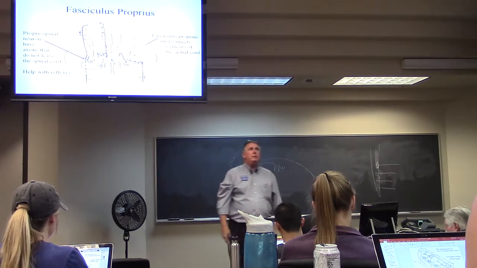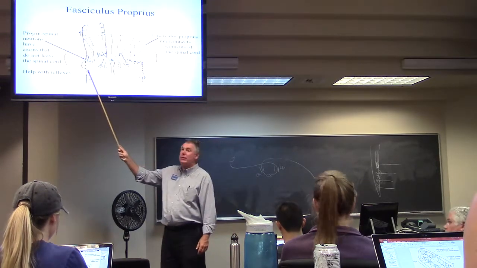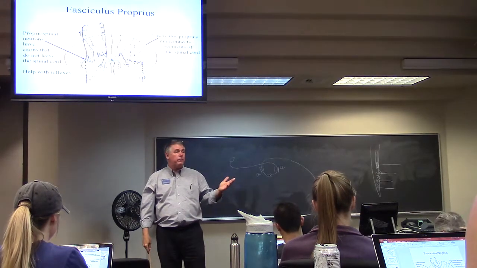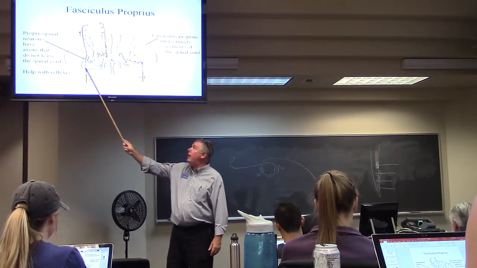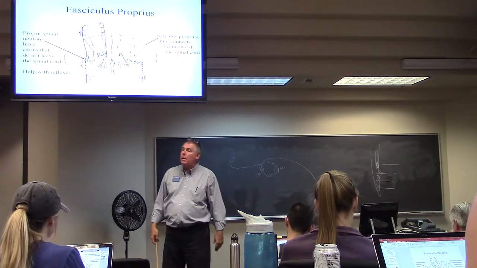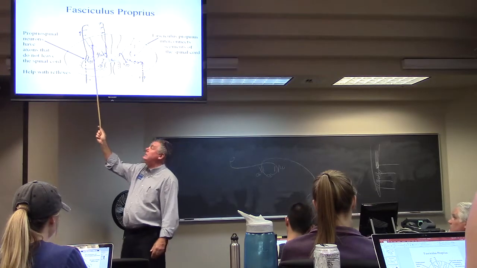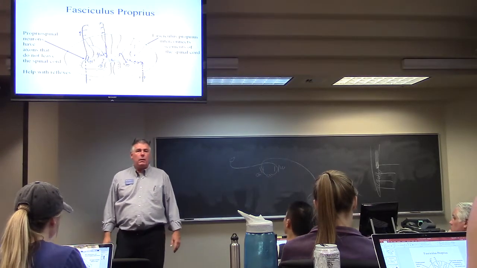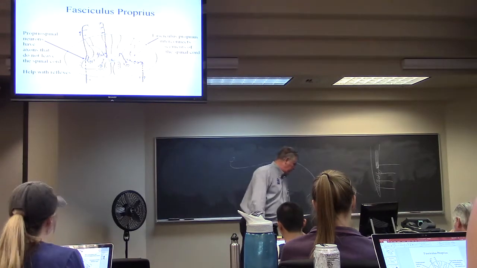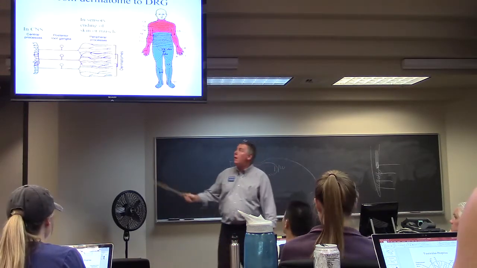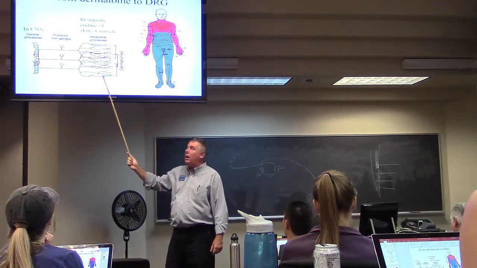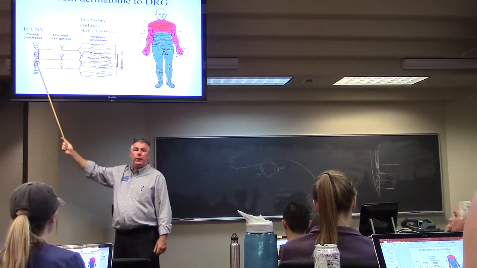The other thing is this fasciculus proprius. Remember I said the fasciculus proprius was around the gray matter? It does the same thing. You get inputs into there, it connects to different spinal cord levels. Lamina 1 does the same thing. So when you get to appreciating dermatomes, there's overlap out here in the periphery, and there's overlap centrally.